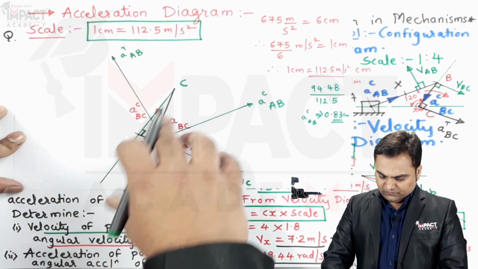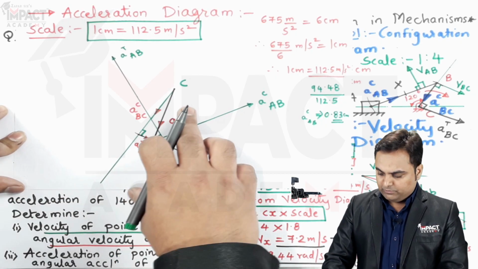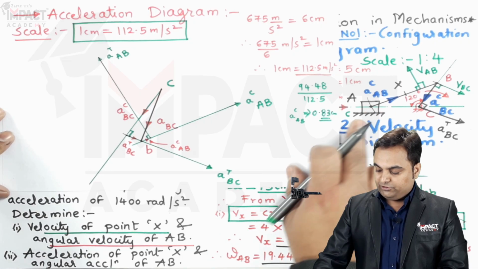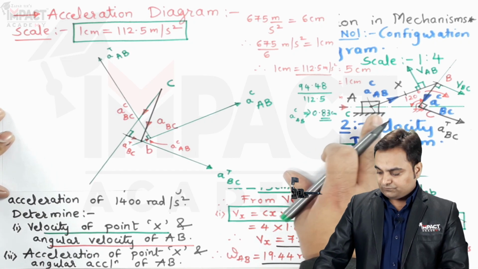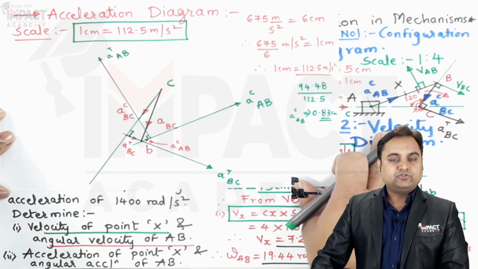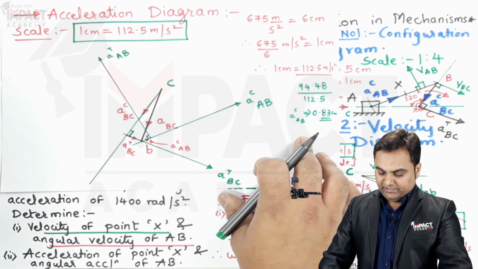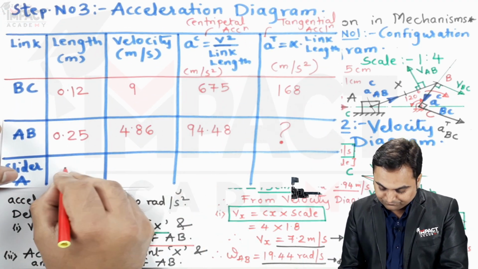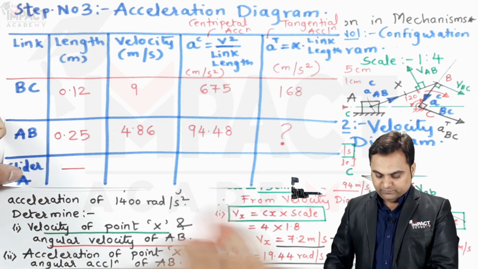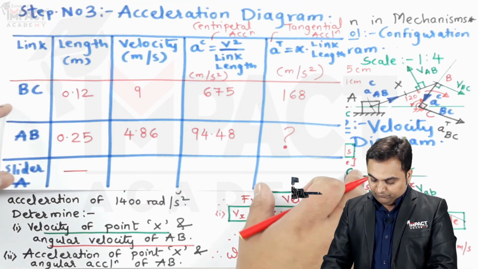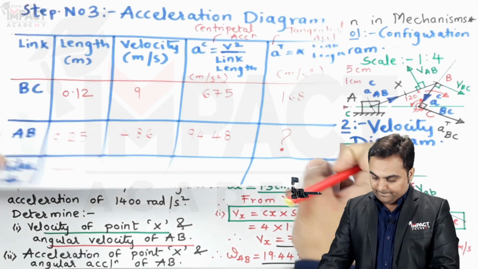Next, the hint which is there for us in this problem is in the form of this piston, that is, the piston is reciprocating with respect to the fixed point C. So its acceleration would be along this line of stroke. The length of the piston is not known. The velocity of the piston is the velocity of point A, we had calculated it.